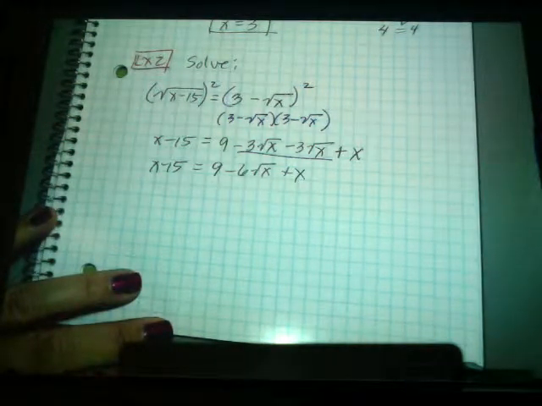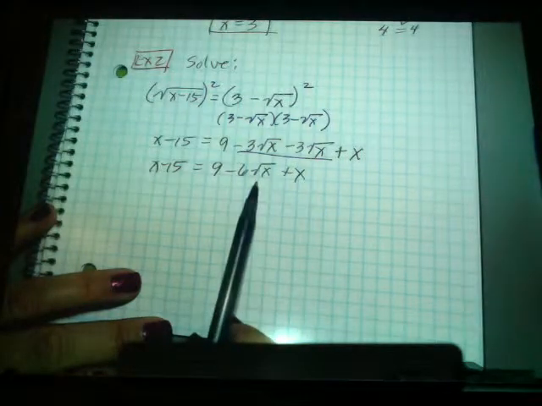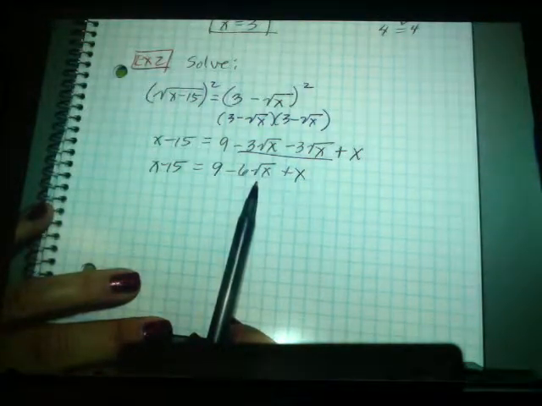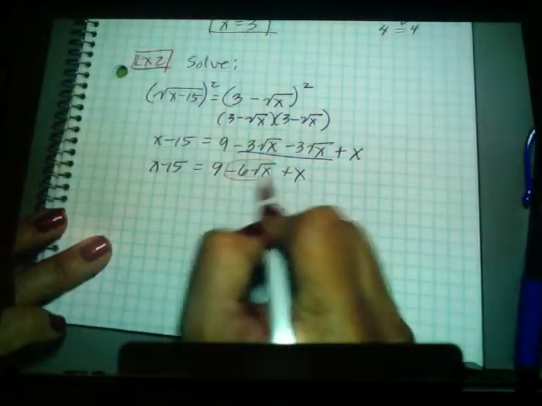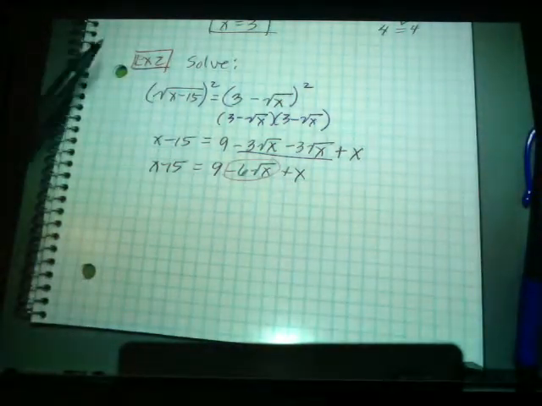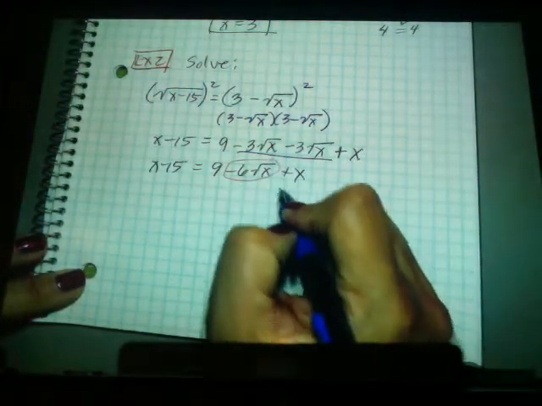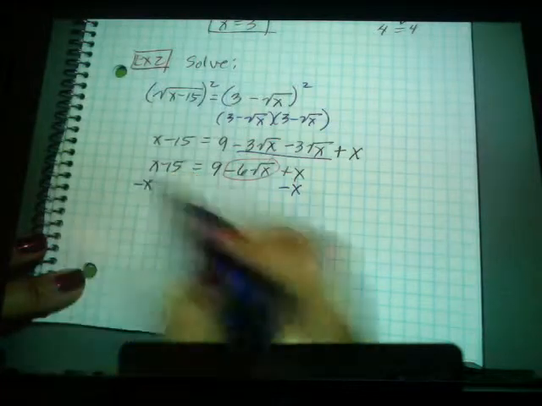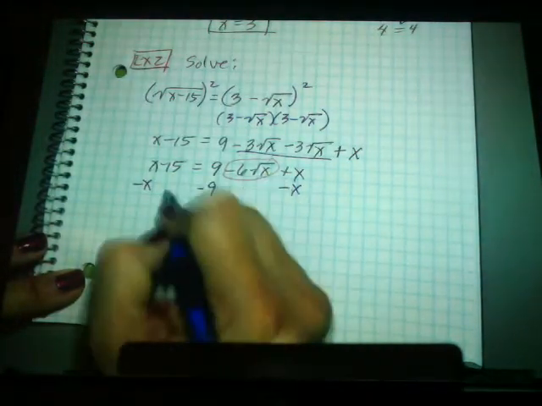So now what do you think we should do? We have a radical in the problem, so I want to get the term that has that radical, which is this whole term right here, on one side by itself. Doesn't matter what side. So I'm going to get rid of this x and that 9. Subtract an x, a nice thing occurs that both x's cancel out, and then we're going to subtract a 9 and subtract a 9.